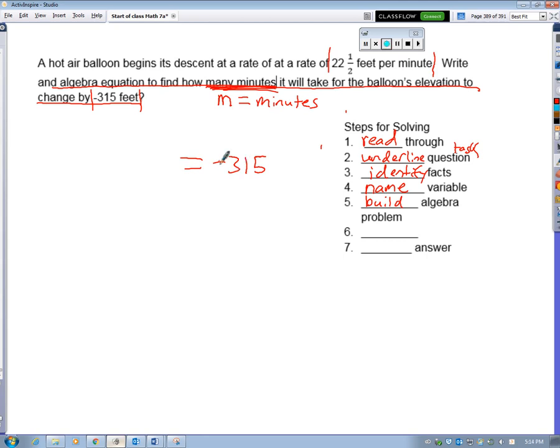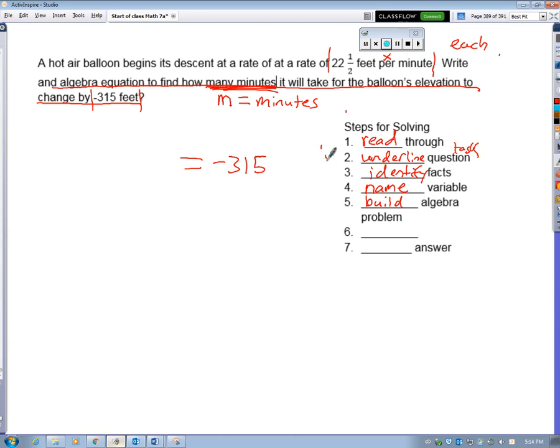And to get to that number, we are dropping 22.5 feet per minute. Remember, per means multiply. Okay, the words per or each means multiply, alright, in most cases. So per means multiply, so we're going to take 22.5 feet times whatever the number of minutes are, which is going to be m, and we will get at this number right here.